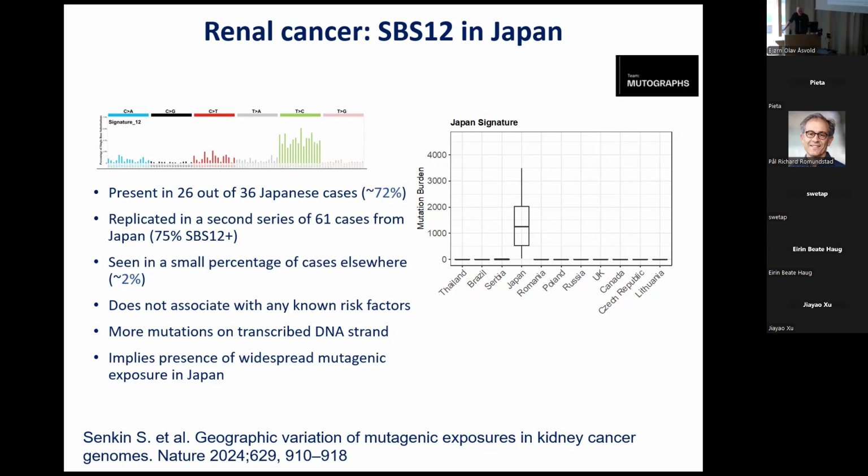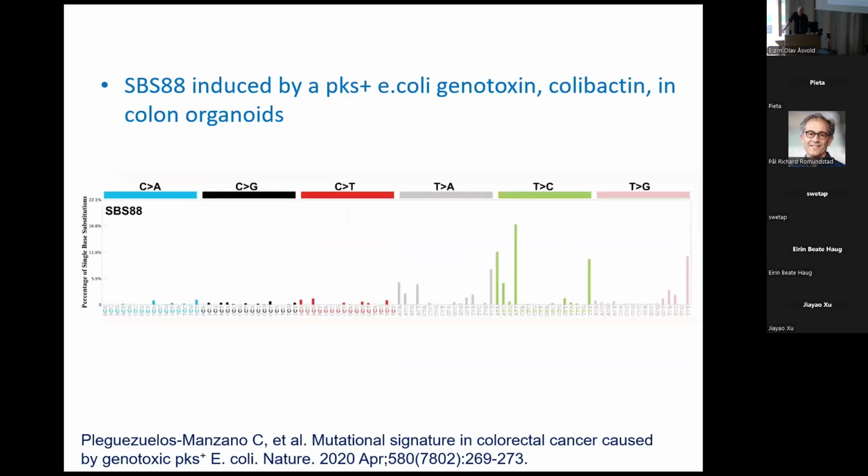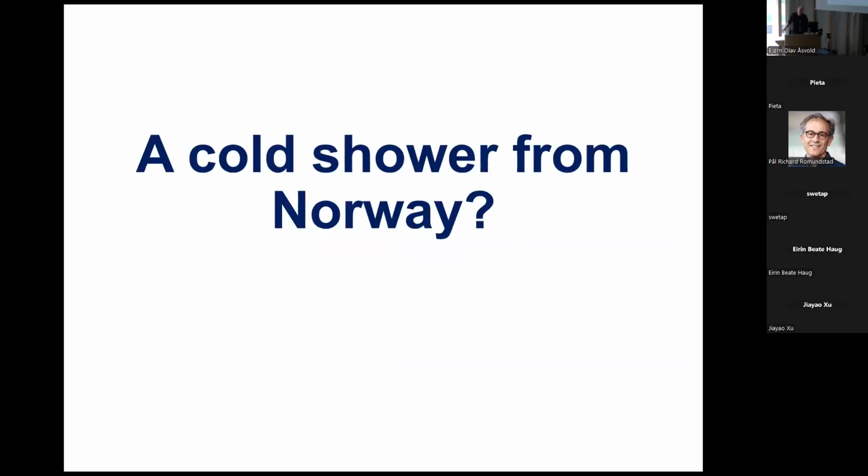So this is relatively recent technology. There's interest in a supposed global epidemic of colon cancer in the under 50s, which supposedly shows birth cohort effects. And there's a signature, SBS88, which is induced by a genotoxic E. coli, which might be contributing to this. There's extensive interest in working through this.